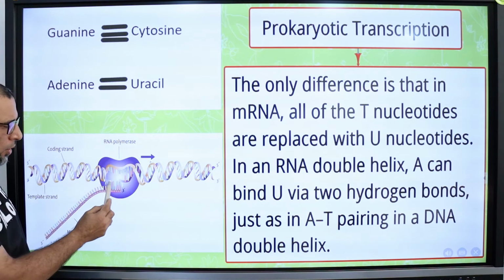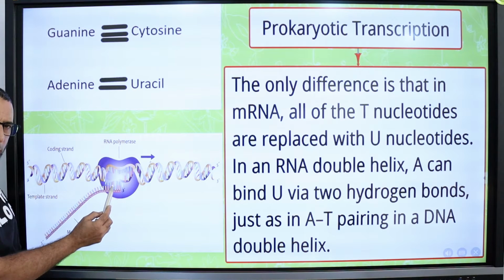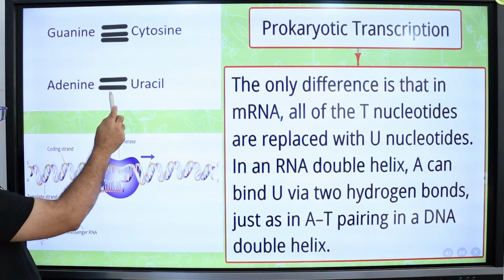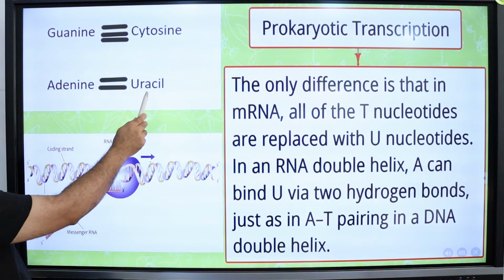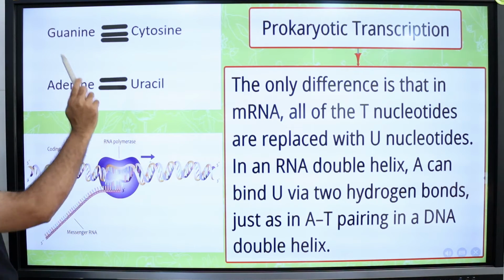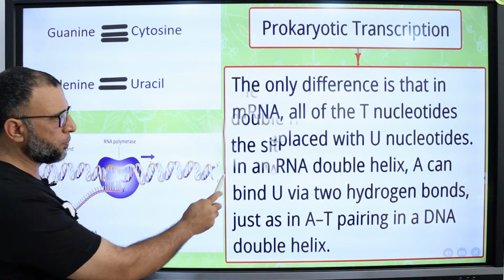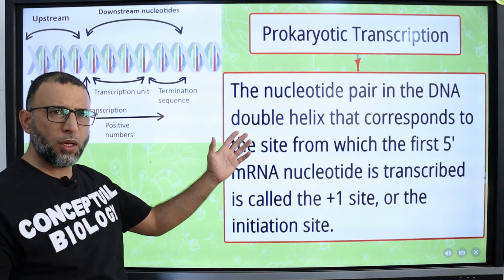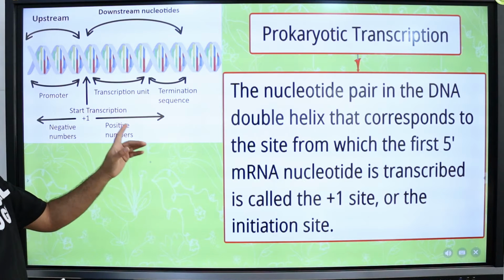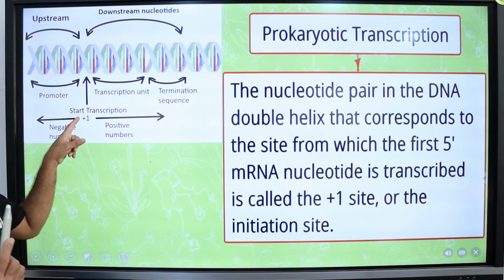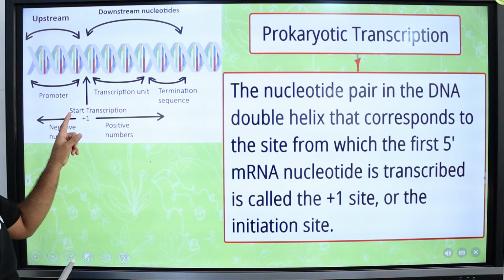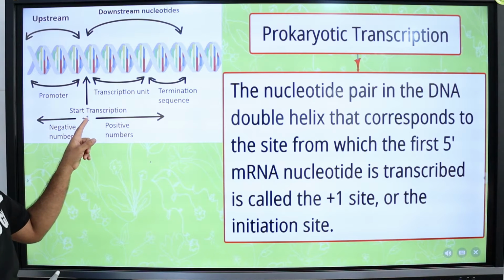So, in the RNA-DNA hybrid, adenine binds to uracil nucleotides in messenger RNA via 2 hydrogen bonds. So, there are 2 hydrogen bonds between adenine and uracil nucleotides and 3 hydrogen bonds between guanine and cytosine. The nucleotide pair in the DNA double helix that corresponds to the site from which the first 5' messenger RNA nucleotide is transcribed is called the +1 site or initiation site.